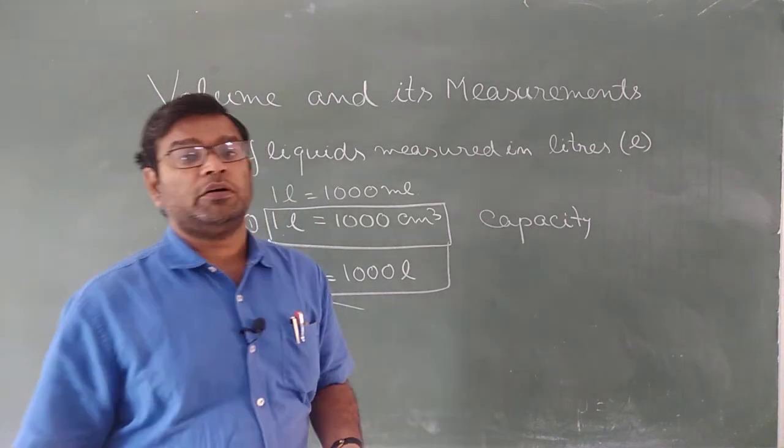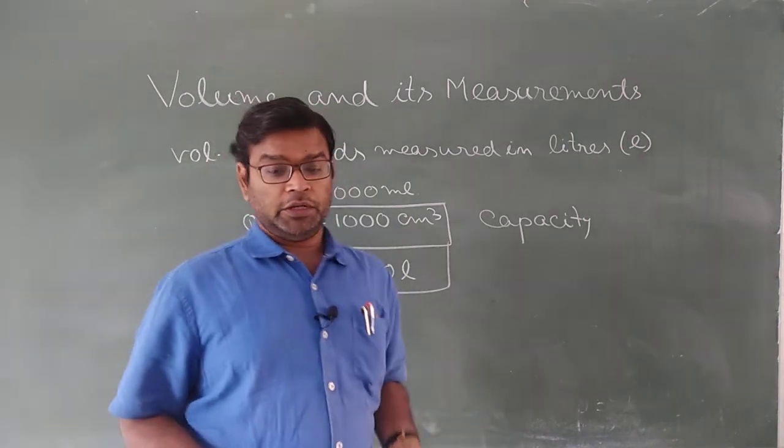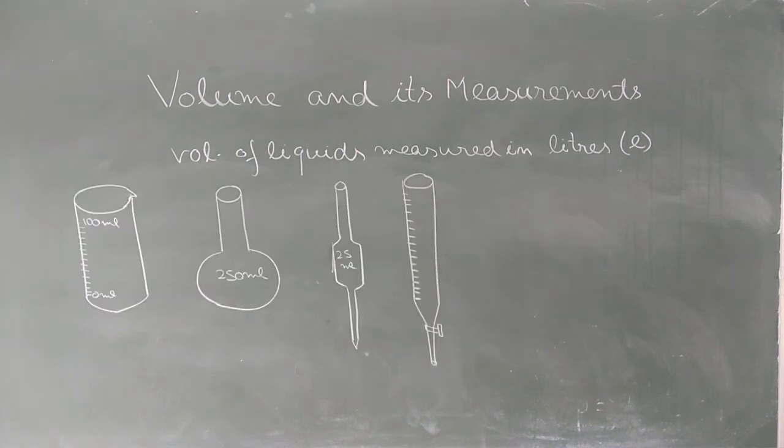Then for measurement of liquid, we have different types of container. First, let me draw a rough diagram. As you are observing on the board, there are some figures on the right hand side. These are laboratory equipment for measuring the volume of liquid.